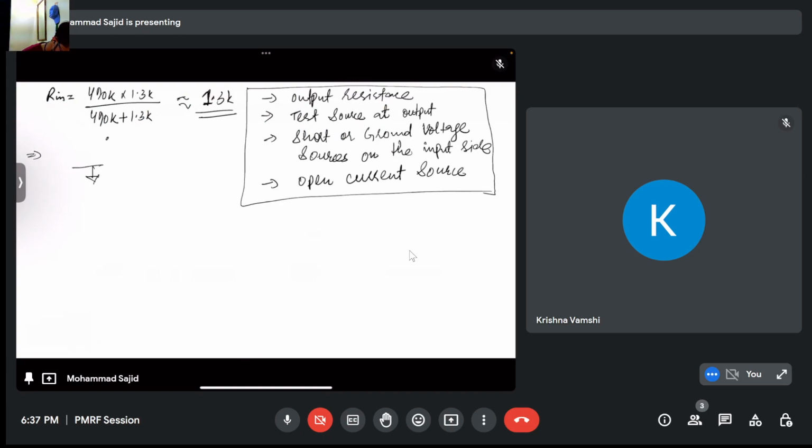What I am left with is RC, and here is my test source Vx, and current flows is Ix. So my Vx, this is open because my input signal is 0, the transistor is off. So Vx is Ix Rc. Therefore Vx by Ix is equal to Rc, which is my output resistance.